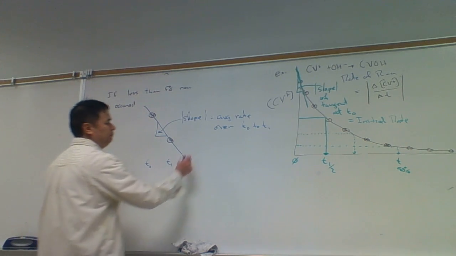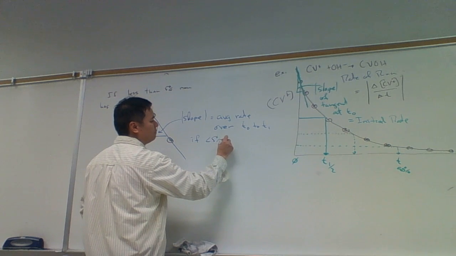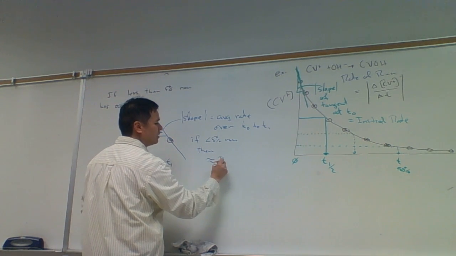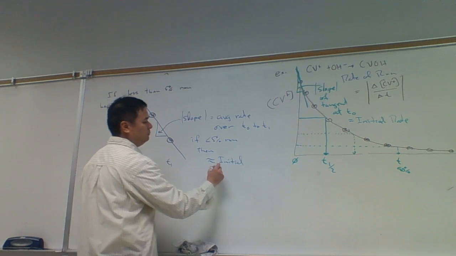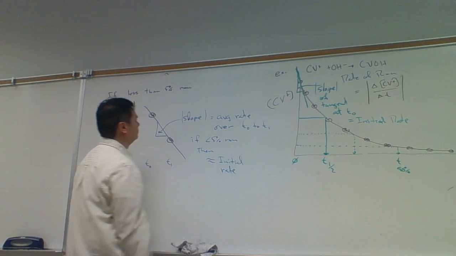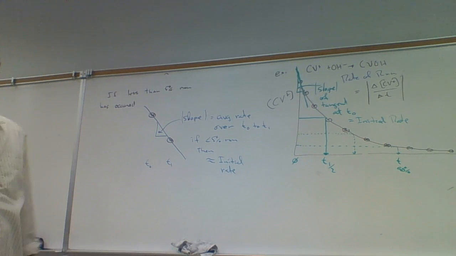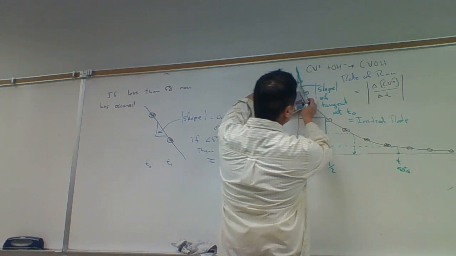And if we have less than 5% reaction, then this is about equal to the initial rate. So we could just draw a line connecting the first 2 points like this.